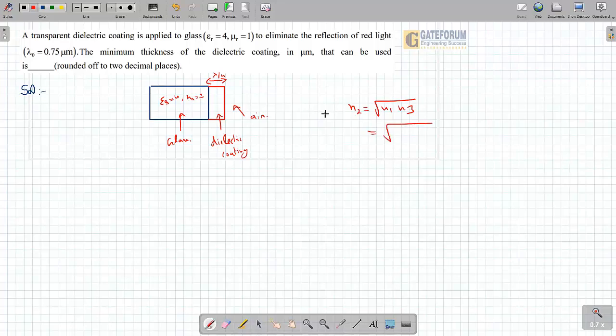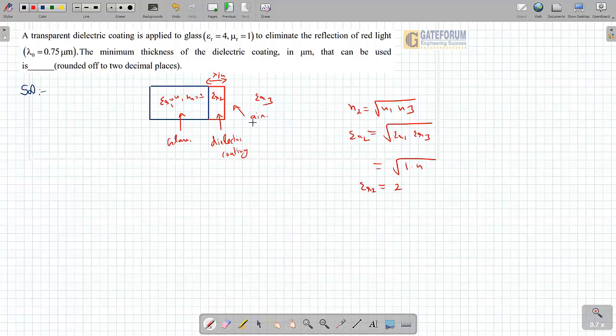And that is nothing but root of epsilon r1, epsilon r3 under epsilon r2. So that will become root of 1 into 4, that is equal to 2. So the dielectric constant of this dielectric material must be 2, right?